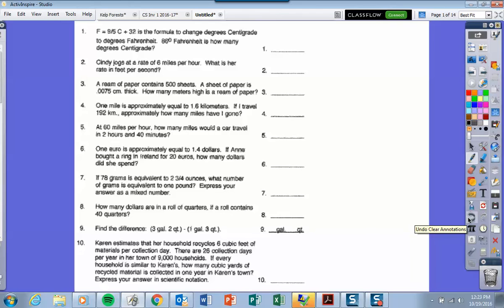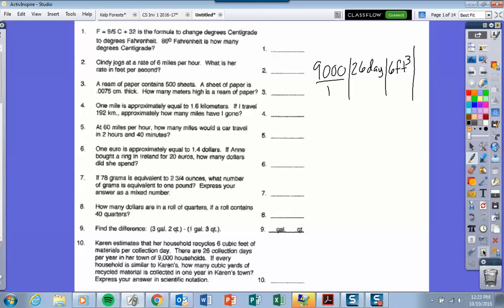Karen estimates that her household does all this good stuff. Good for them. So if there are 9,000 households, and there are 26 days, and there are 6 cubic feet per household, then we can go ahead and do that math.